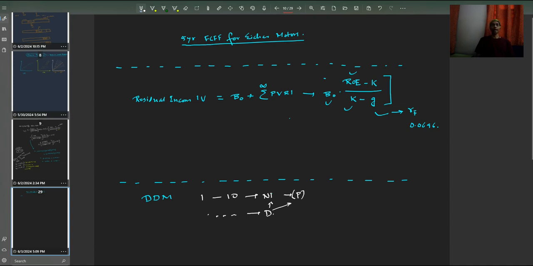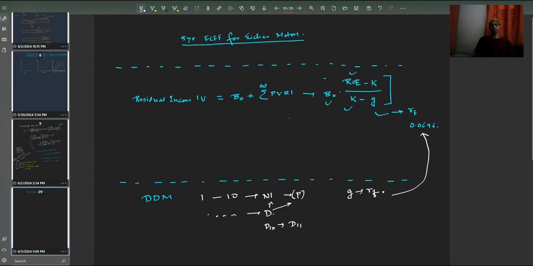Then when we have D10, that is the dividend in year number 10, we will find out the 11th year dividend with the help of the perpetual growth rate or the risk-free rate, right? This is 0.0696, right? This one.